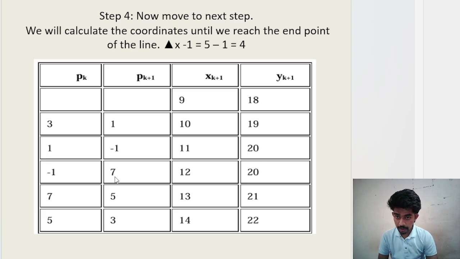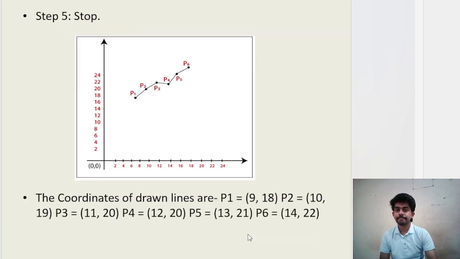Now again the value comes positive, so we'll increment it by 1 and 1. Again the value comes 5, we'll increment it by 1 and 1, and we reach our endpoint here. Therefore our calculation stops here. I think you got it. Step 5, stop, which is when we reach the endpoint. This is the starting point, which is 9 comma 18, and this is the endpoint, which is 14 comma 22.